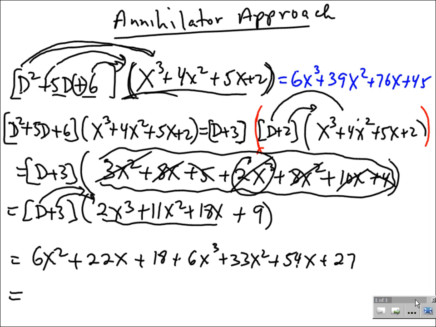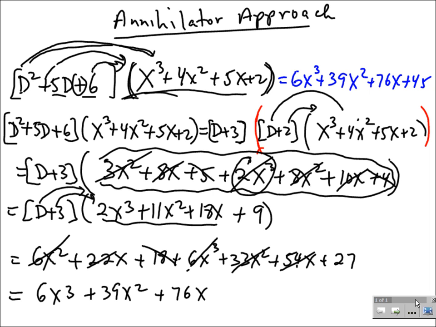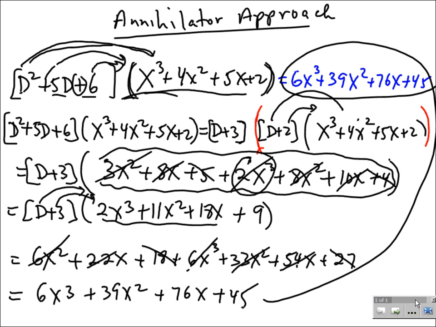And what I'm going to get is 6x cubed, 33x squared plus 6 more, 39x squared, and 54 plus 22 is 76x's. When I add those constants, I get 45. And I smile because I got the same answer that I did up there.